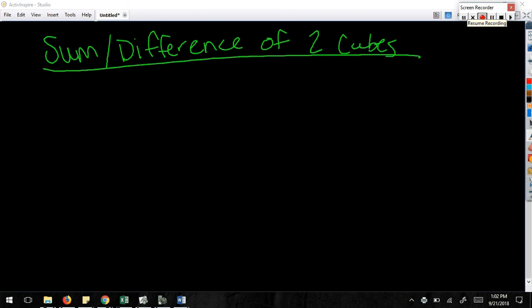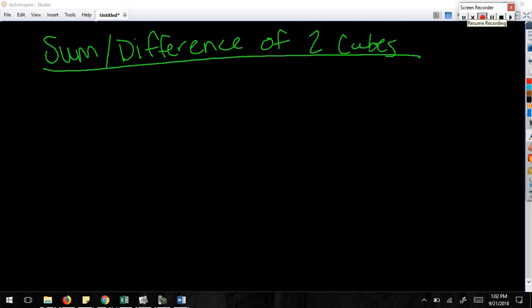Give me another one. 8 is a perfect cube. 64 is a perfect cube. 125. Now some of you are getting it and others of you are going, what in the world are y'all shouting these random numbers for?